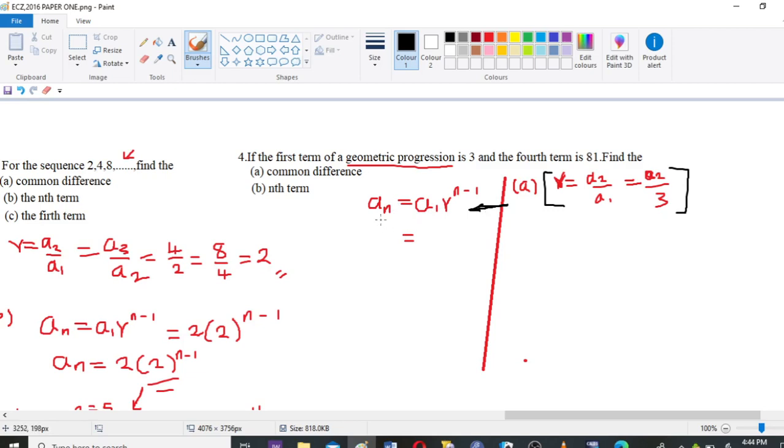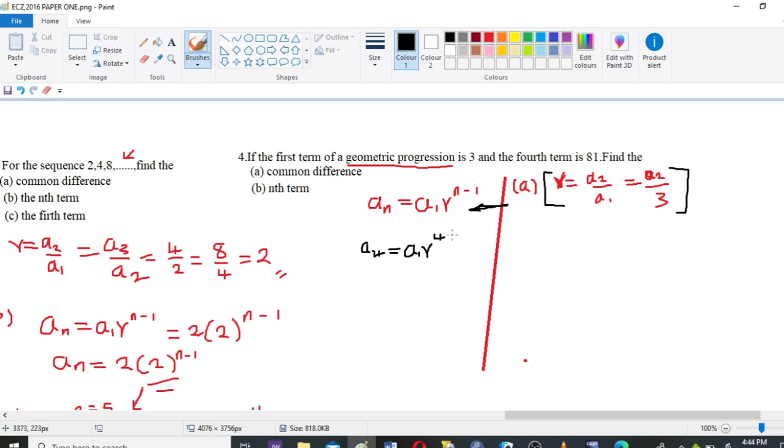Okay, so what we have is that our fourth term, from this formula for the nth term, we are told our fourth term is 81. Again, our fourth term is 81, but the formula is a1 r to the power n minus 1, where n is 4.